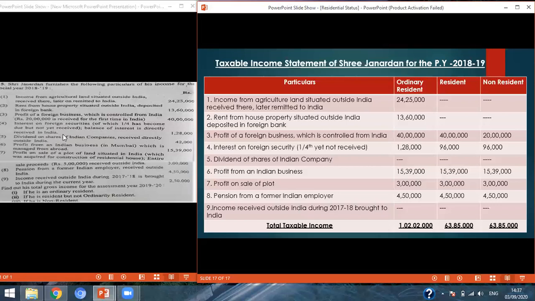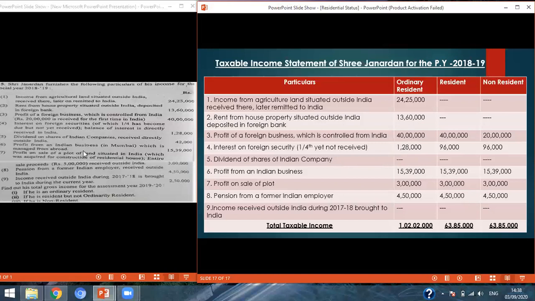The due amount is not taxable for resident and non-resident. So the whole 1,28,000 is taxable for ordinary resident, but for resident and non-resident, only 3/4 amount is taxable. And 3/4 of 1,28,000 is 96,000.